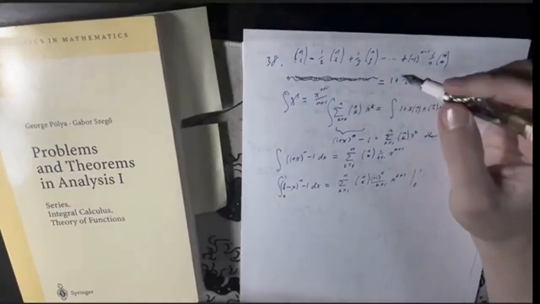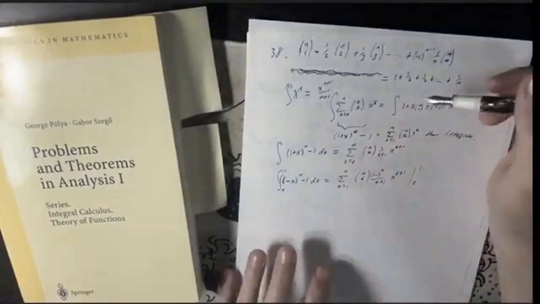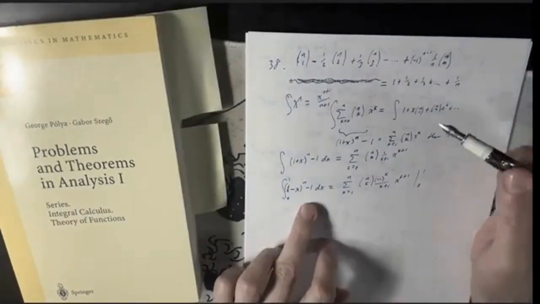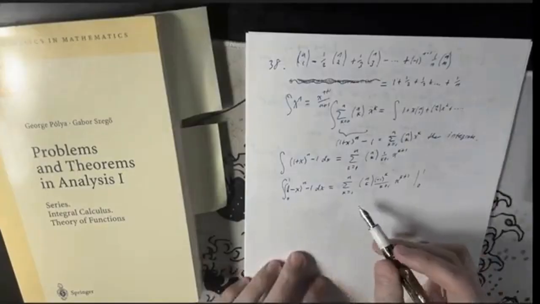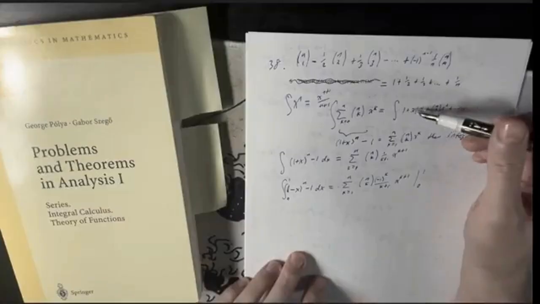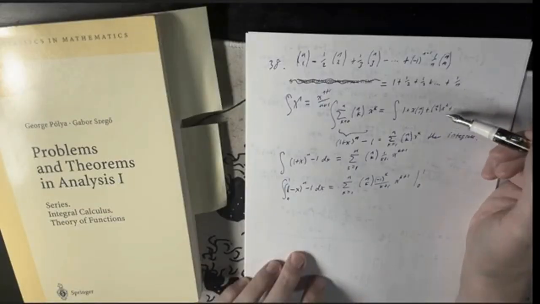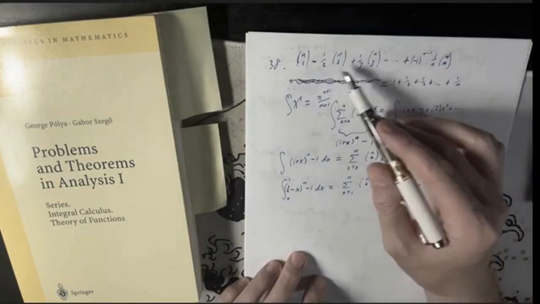Oh, maybe I could scale it. Okay, what if I took this and divided by x? If I subtract 1 and then divide by x, you have a 1 here. You have an x here, which I integrate, and then it matches up. Okay.